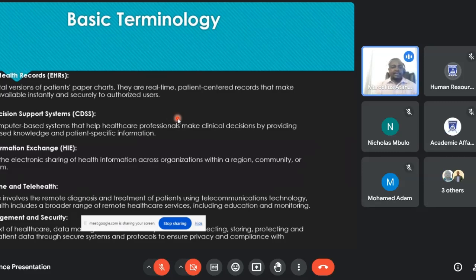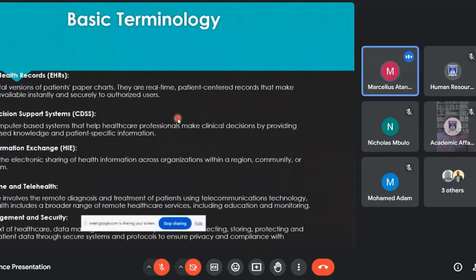Telemedicine and telehealth, as we mentioned earlier. So this simply involves remote diagnosis and treatments. Sometimes I'm not sure what happens in all countries, but in some countries, there are some physicians who are licensed for telemedicine.